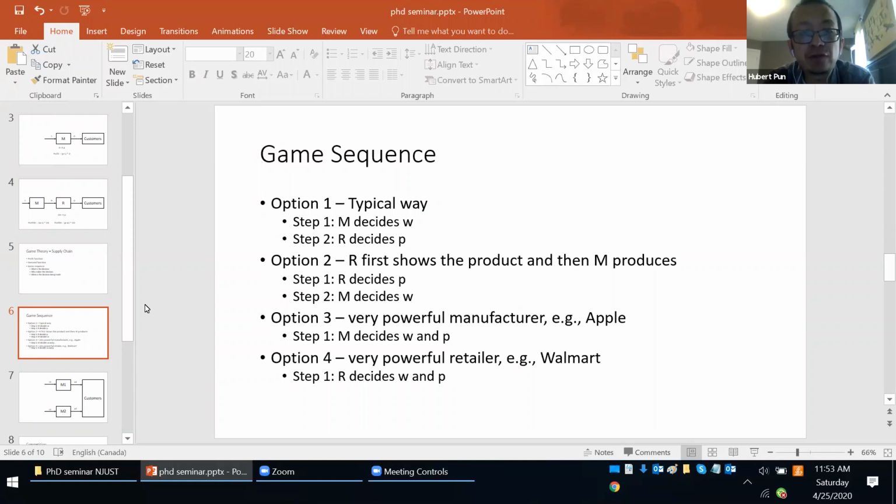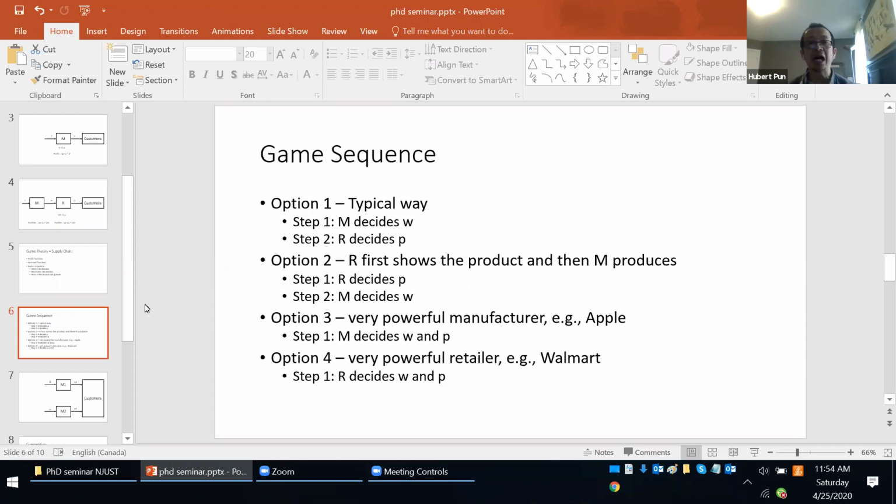The first option is a typical way. The manufacturer decides the wholesale price while the retailer decides the retail price. The manufacturer first decides the wholesale price, and then the retailer decides the retail price afterward. So this is option one. It's the more typical way.